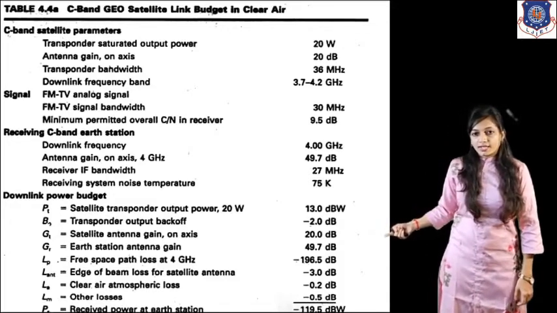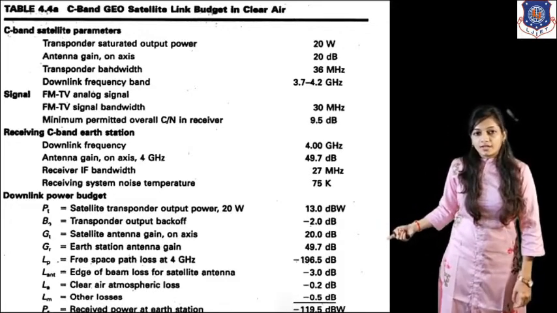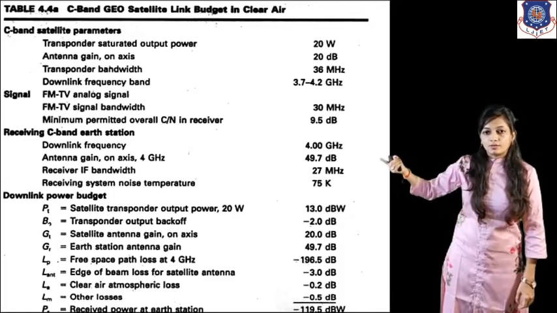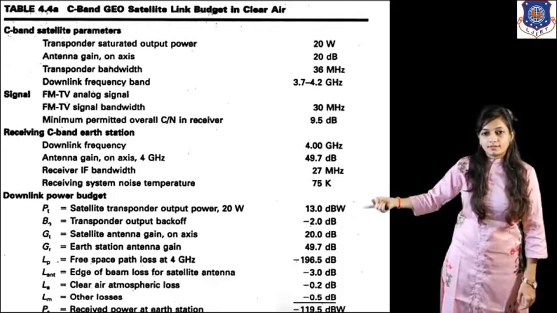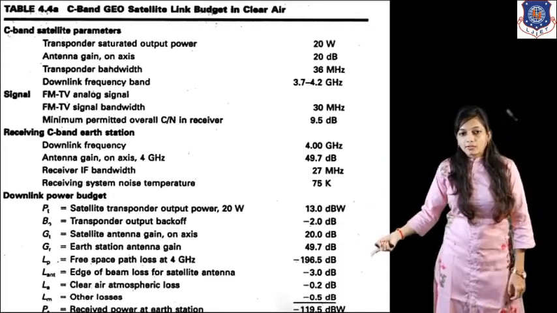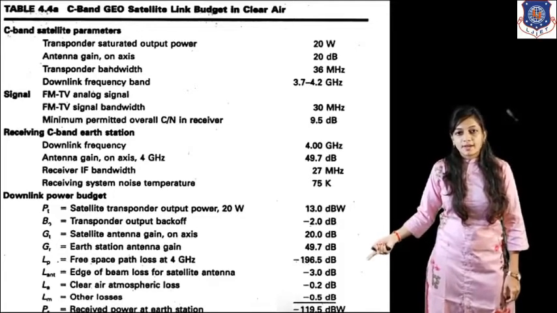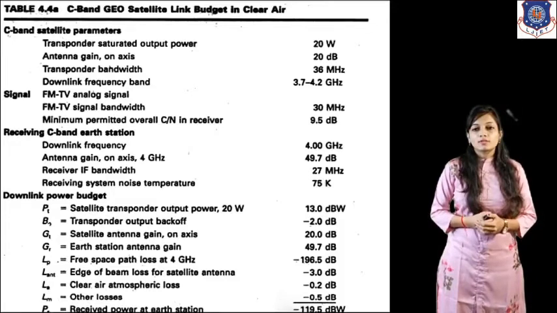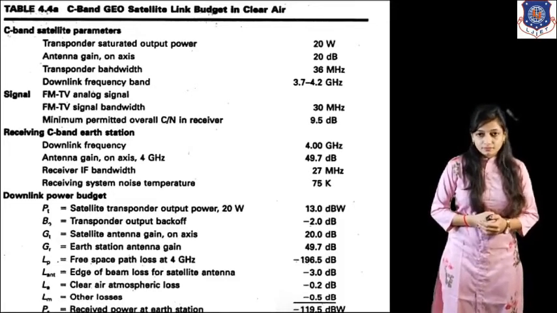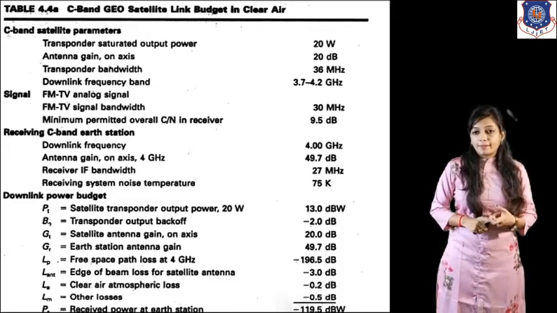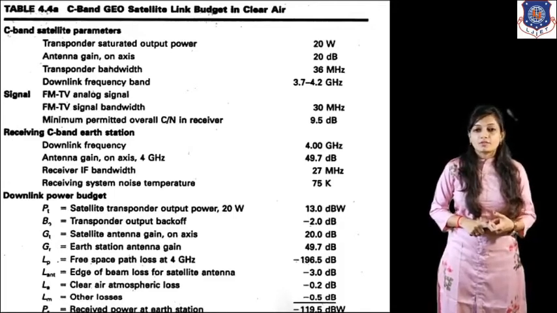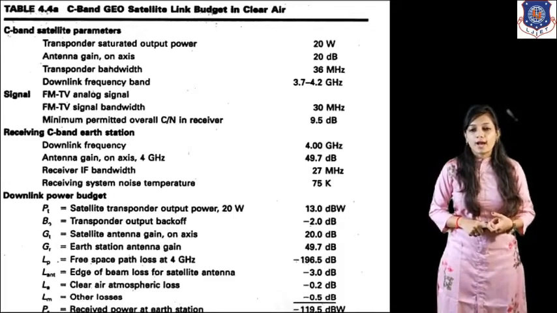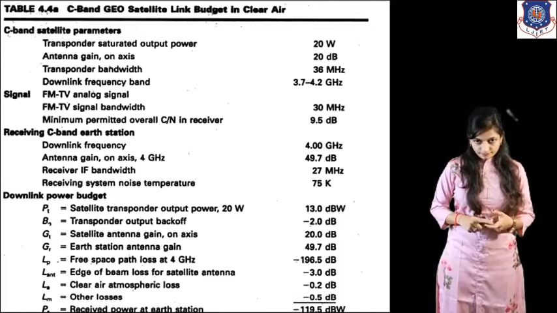So Earth station antenna gain is given as 49.7 dB over here, right? This we have placed. Path loss is minus 196.5, as we know that path loss is dependent on frequency as well as on the range, so (4 pi r upon lambda) whole squared, right?